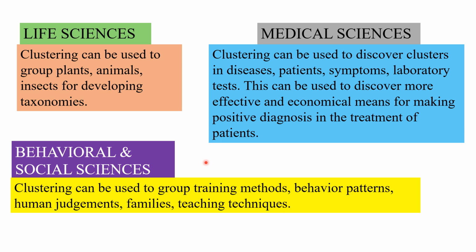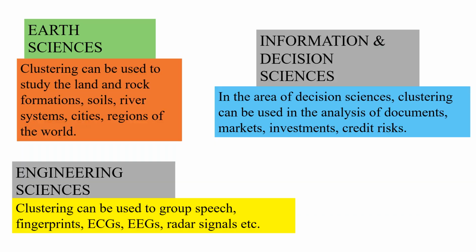In behavioral and social sciences, clustering can be used to group training methods, behavior patterns, human judgments, families, teaching techniques. Similarly, in earth sciences, we can study the land and rock formations, soils, river systems, cities, regions of the world by grouping them based on some likeness to each other.